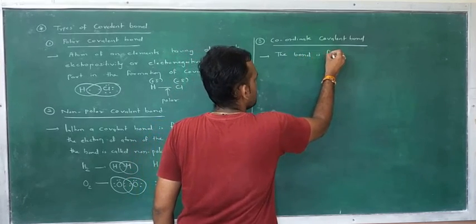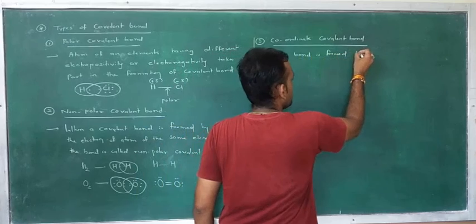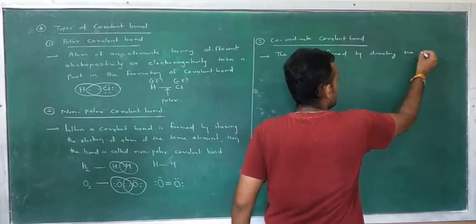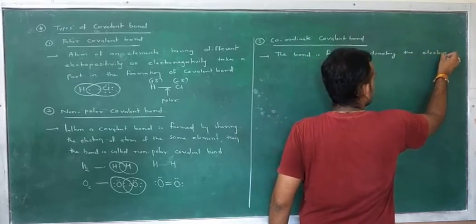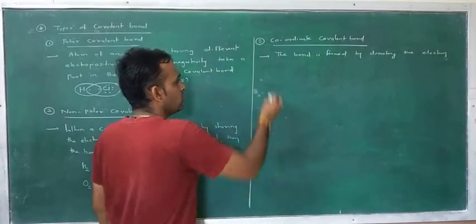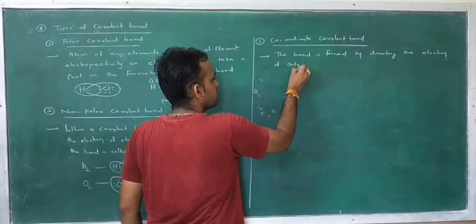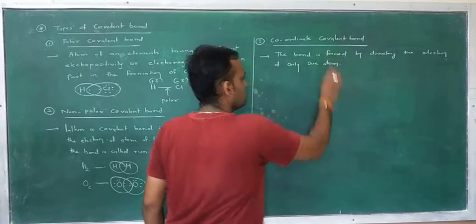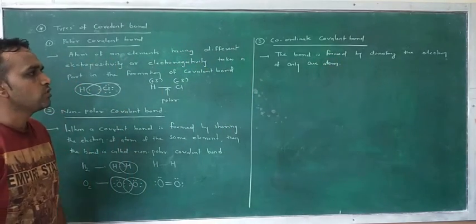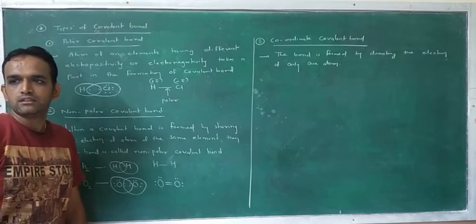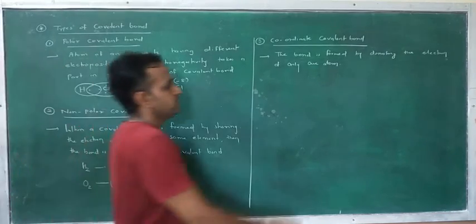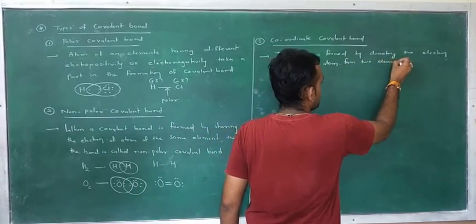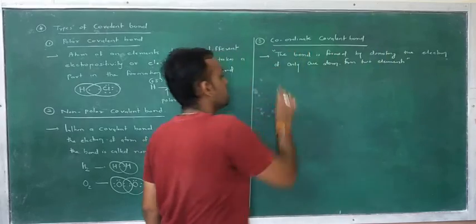The bond is formed by donating the electrons of only one atom, right, from two elements, that is called the coordinate covalent bond.